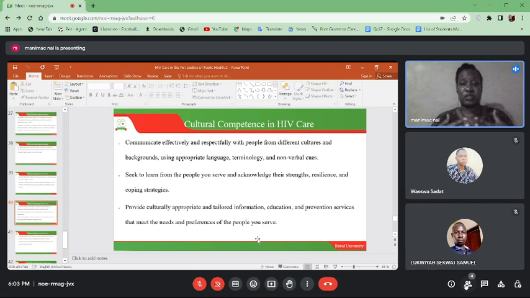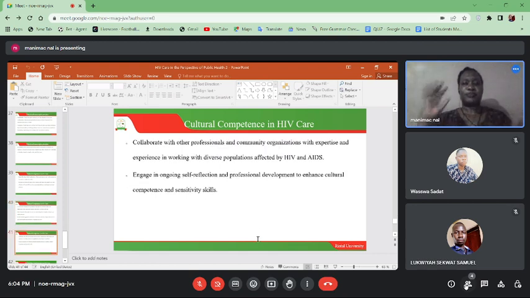We should also seek to learn from the people we serve and acknowledge their strength, resilience, and coping strategies, because learning does not stop. We can all learn from them. We should also provide culturally appropriate and tailored information, education, and prevention services that meet the needs and preferences of the people we serve.